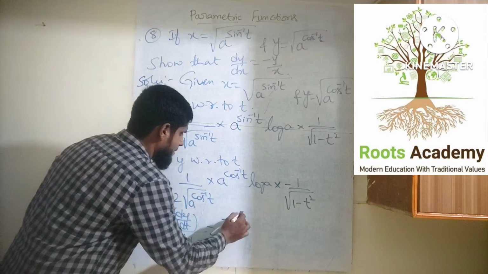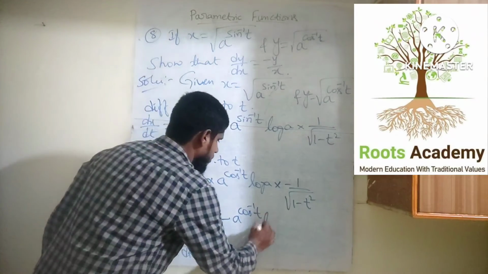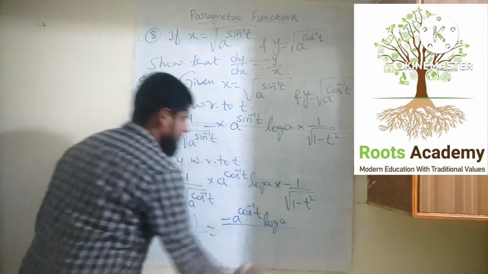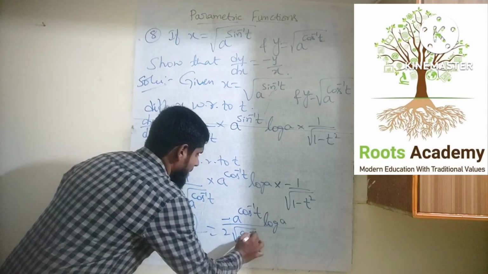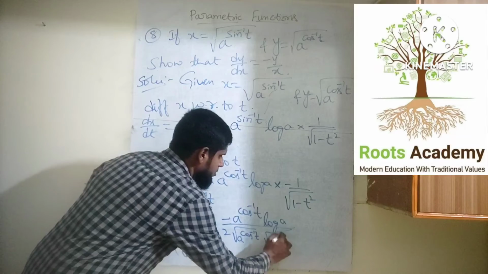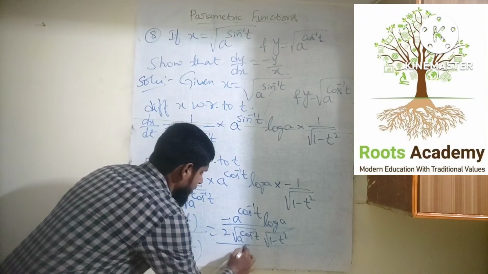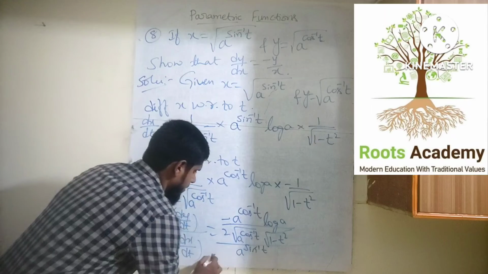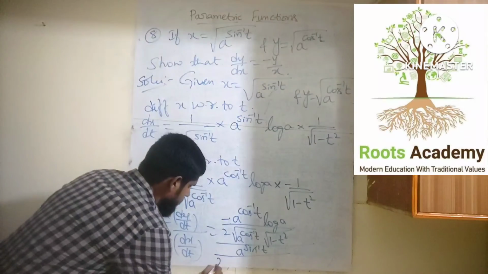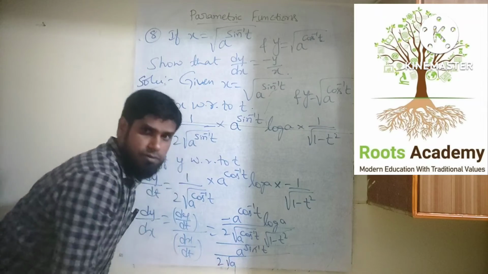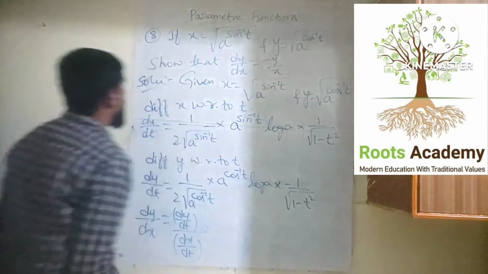So minus a cos inverse t into log a divided by 2 root of a cos inverse t into root of 1 minus t square, all divided by a power sin inverse t divided by 2 root of a power, sorry, I don't have space here. I will erase this.